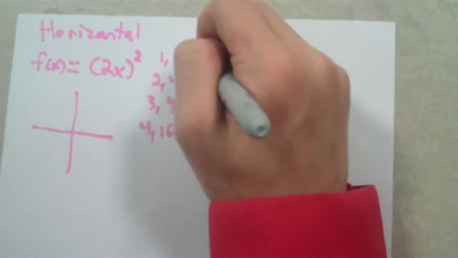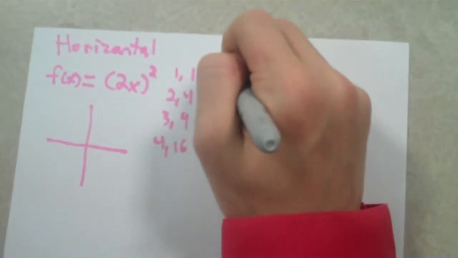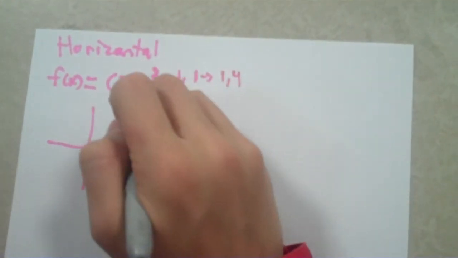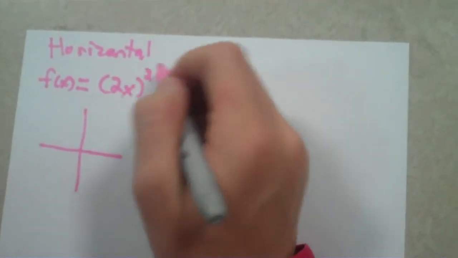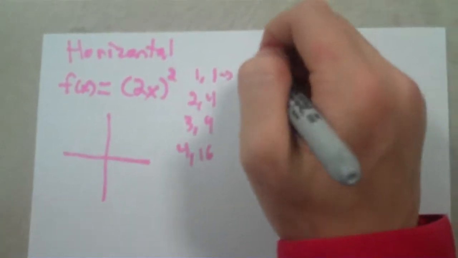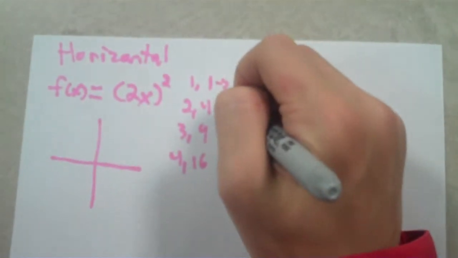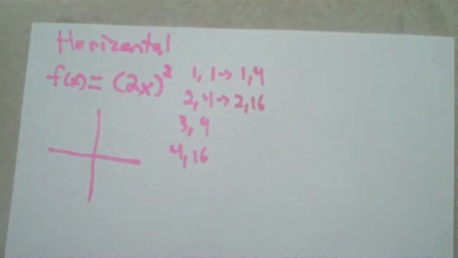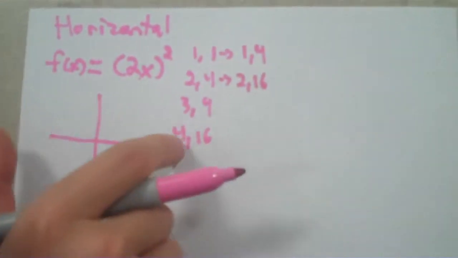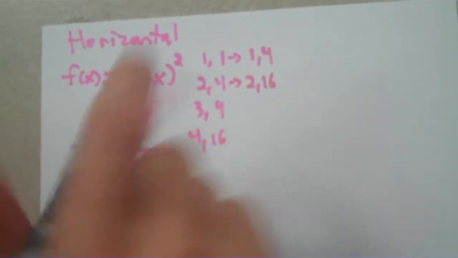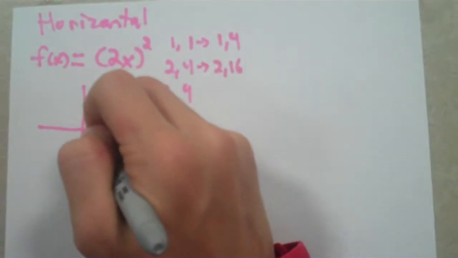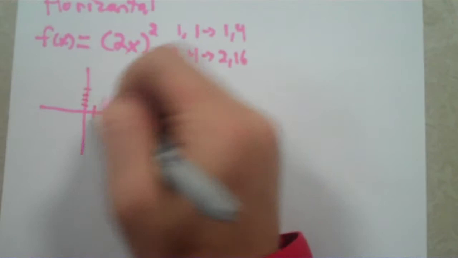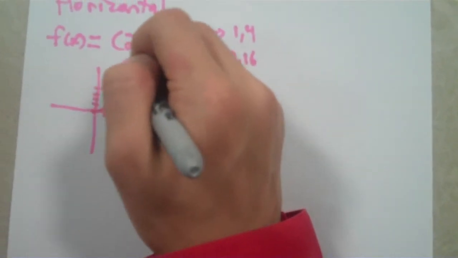So this is going to become (1, 4): 1 times 2 is 2, and then 2 squared is 4. And then it becomes (2, 16), etc. So the graph appears as if it's shrunk together. And it begins to look like this.